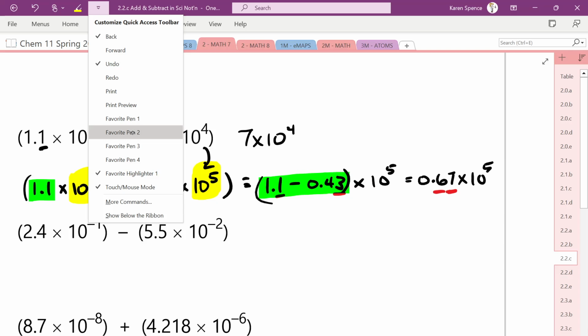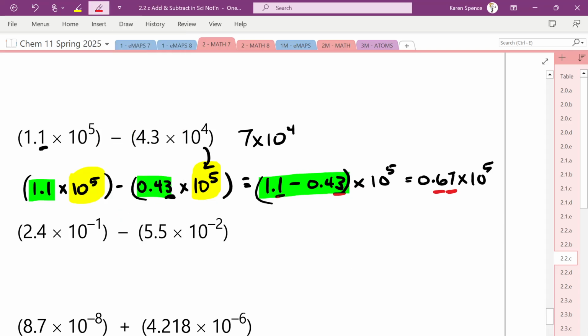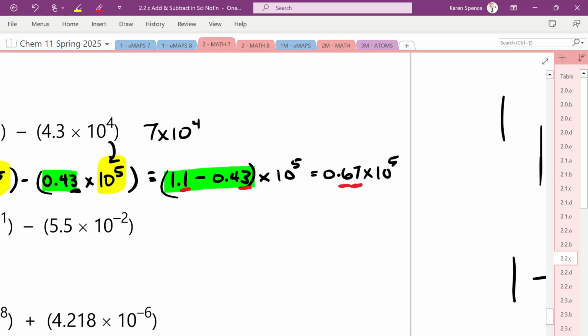Now, my uncertain digit is in the 0.1 and in the 0.01. So that's the 0.1 and the 0.01. So I have to now round to my first uncertain digit, which is here.